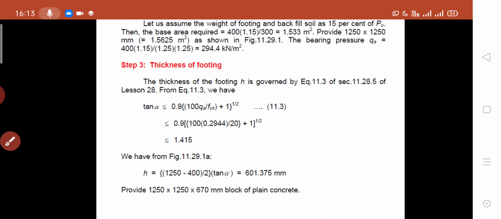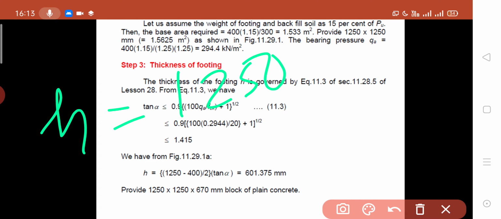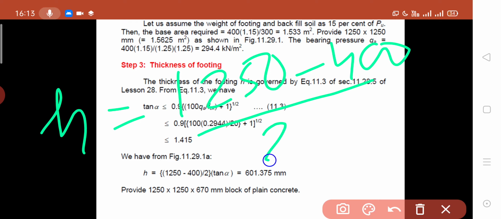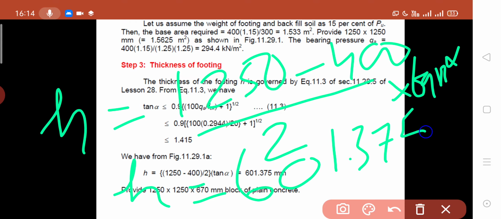So from the equations we have H equal to (1250 minus 400) divided by 2, into tan alpha. So we find the H value, which is 601.375 mm.